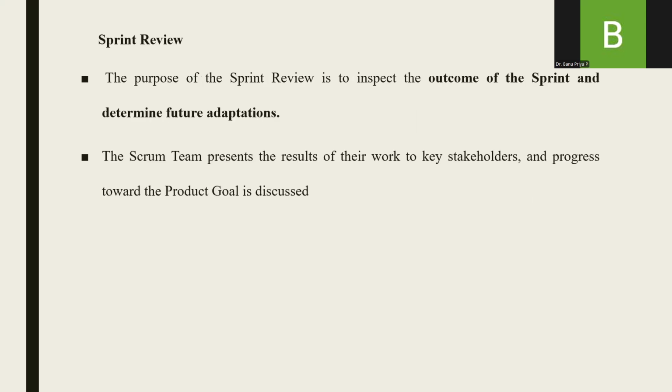Sprint review. What is a sprint review? In a sprint review, the Scrum team presents the results of their work to the key stakeholders, along with the progress towards the product goal. What will be the outcome of each sprint? That will be discussed with the stakeholders.